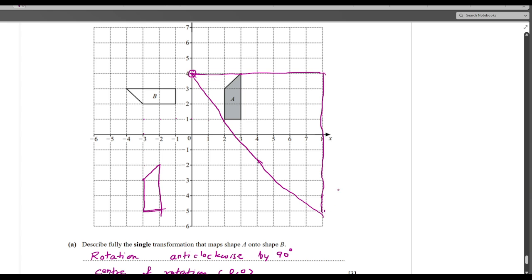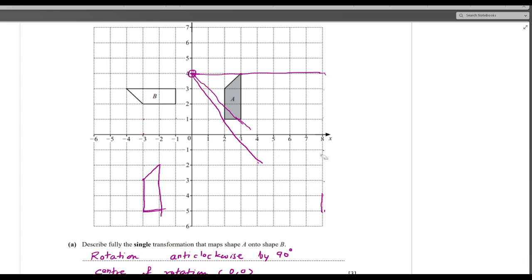It will be till here, no? 1 2 3 4 5 6 7 8 and 9. It will be till here, and then actually if I join this point, if I extend this, it is going like this and this. Wait, once again I have to draw.